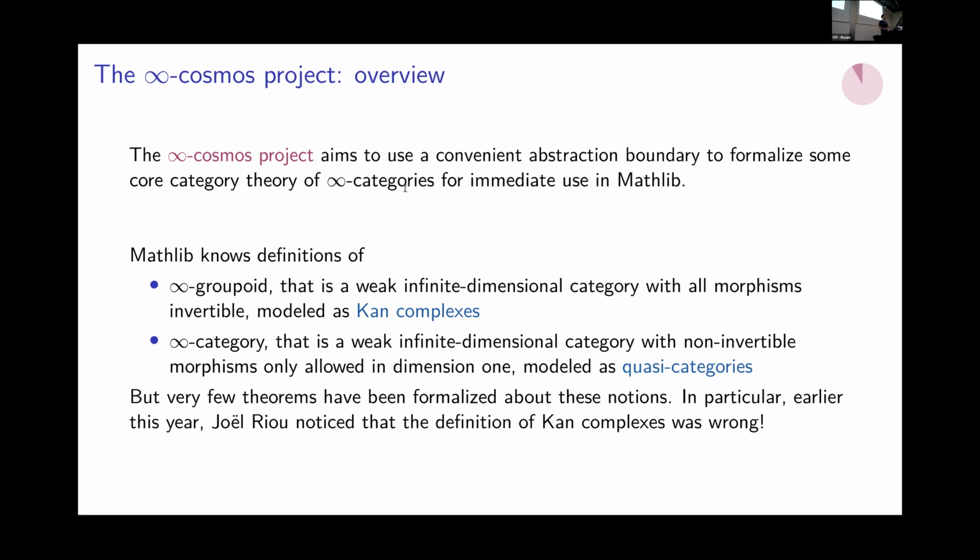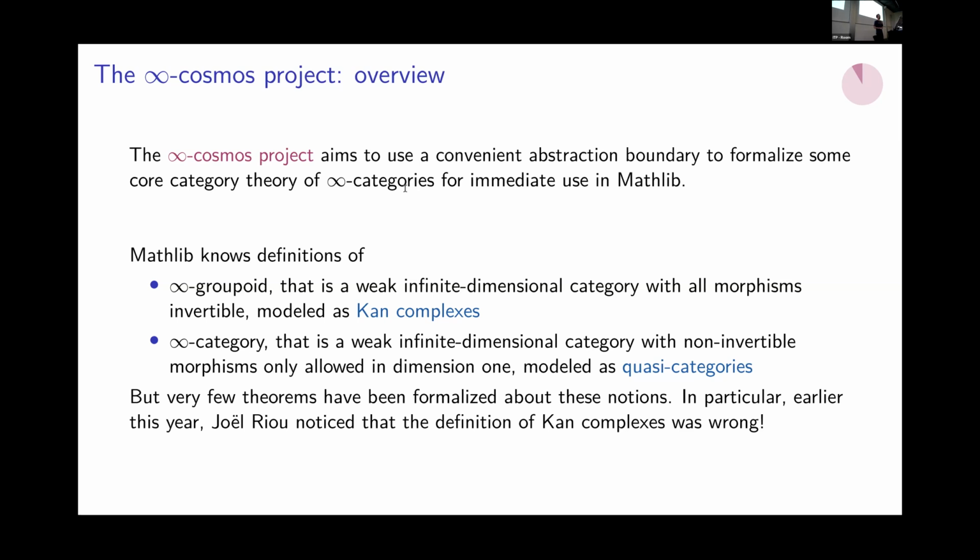You have non-invertible morphisms. But very few theorems have been proved about these notions. There is not actually a proof of associativity of composition, or that there exists an associator. And the definition of Kan complexes was discovered to be wrong just earlier this year.